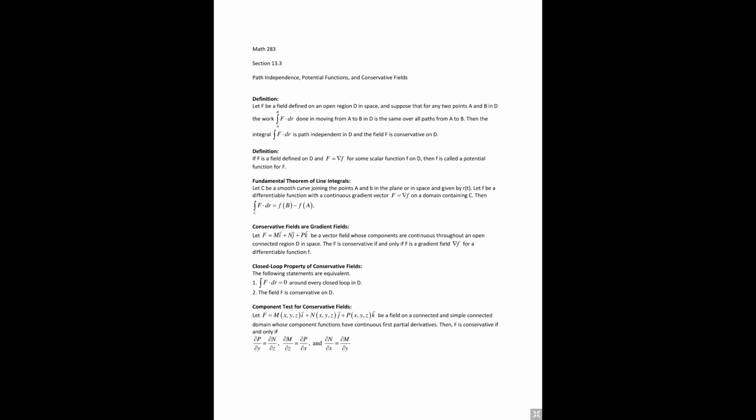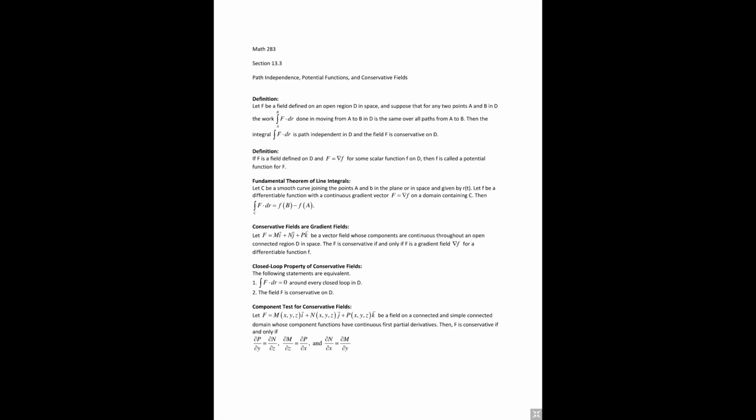With that in mind, if we think about the example where we were doing the circulation along those two paths, we haven't verified the second component, but it satisfies that first component in that it's a closed loop, because when we looked at the circulation, it was equal to 0.